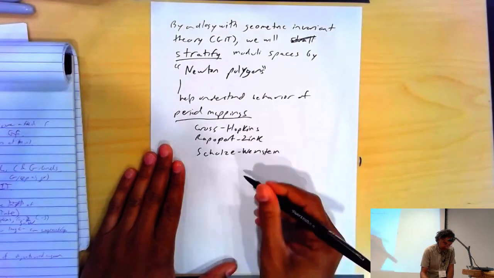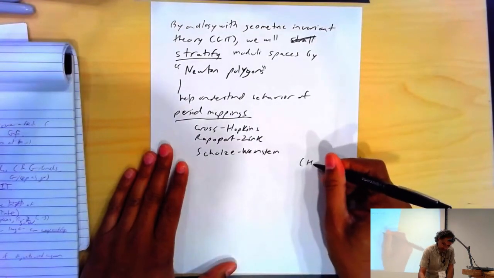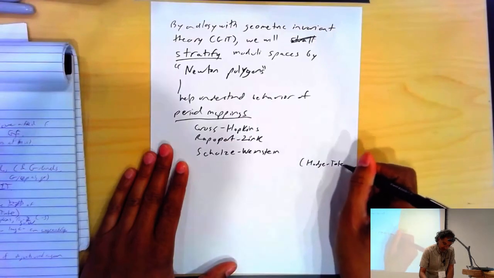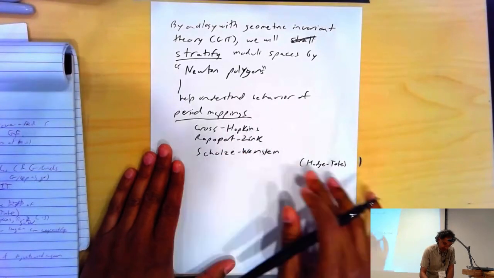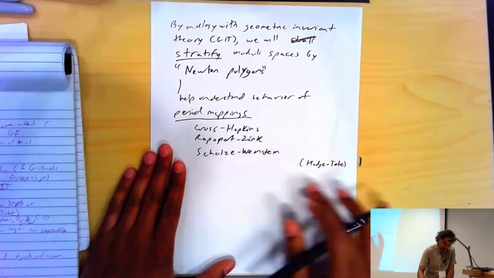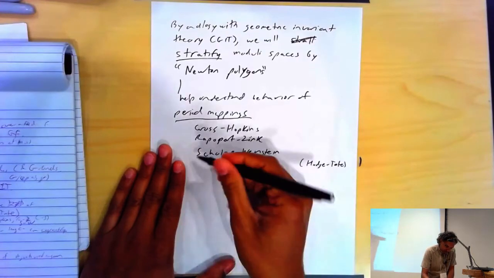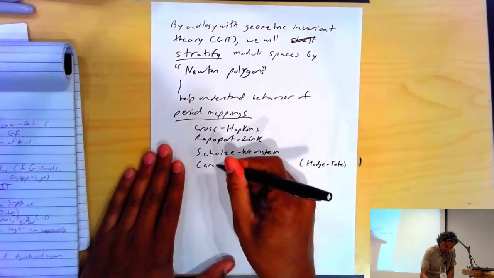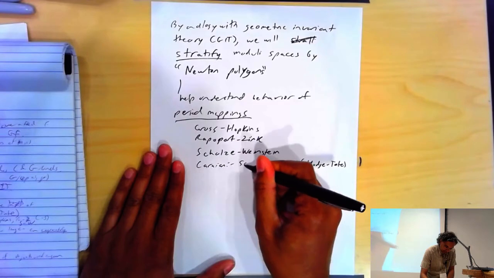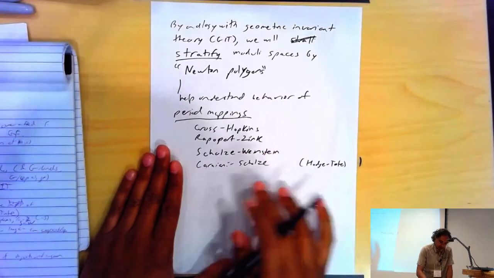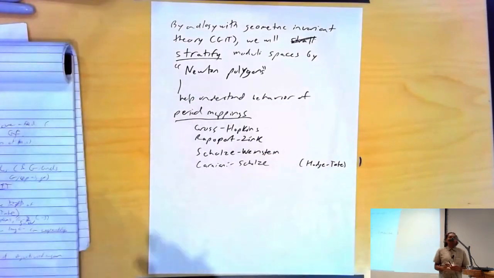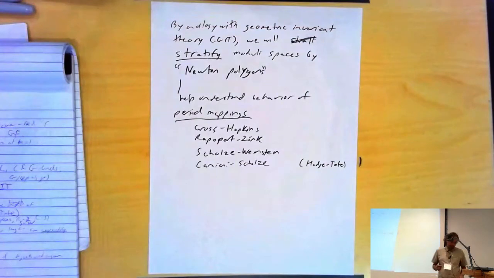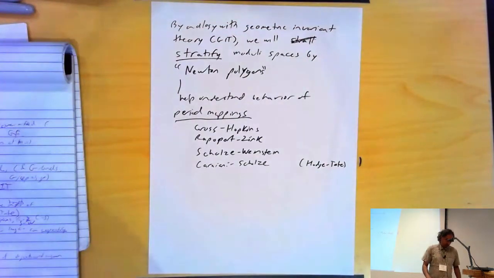And then there's what we've been calling the Hodge-Tate period map, but to carry the formalism of naming it after people who actually worked with it rather than older names, maybe I should put Caraiani-Scholze here. But what I'm referring to is what we've been calling the Hodge-Tate period maps coming out of infinite level Shimura varieties.